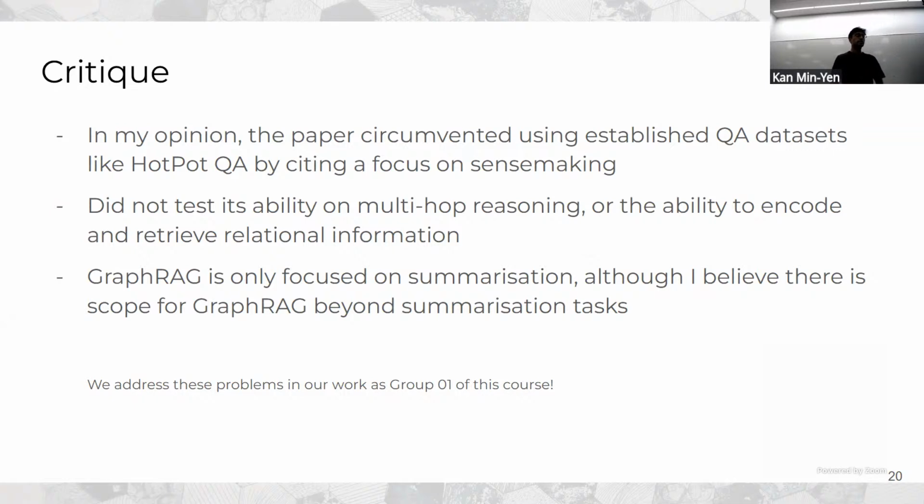So it does not test its ability on multi-hop reasoning, and instead just focused on this summarization ability. I think based on the other works that exist, there's scope for GraphRAG beyond just summarization. Actually, our group is trying to explore this as well.